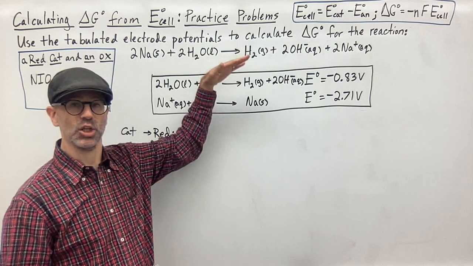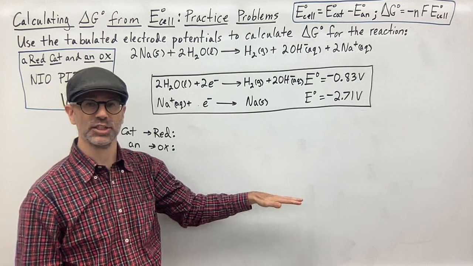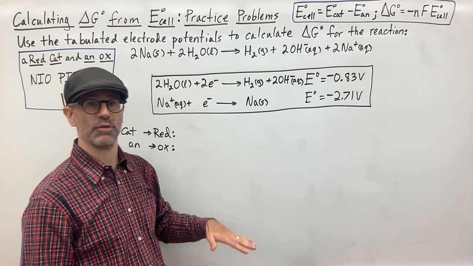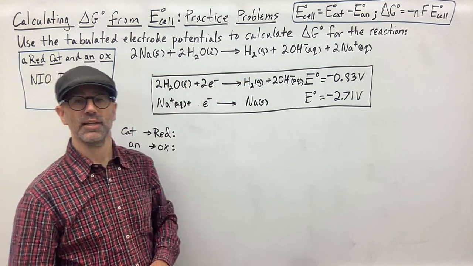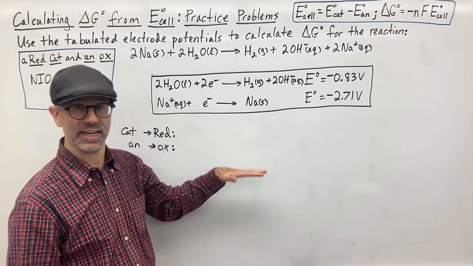So the lower in the table, the more likely you are to undergo oxidation versus anything above you on the table. If a substance is higher on the table, then it's more likely to undergo reduction compared to anything below it.